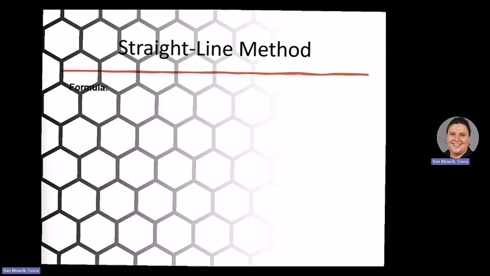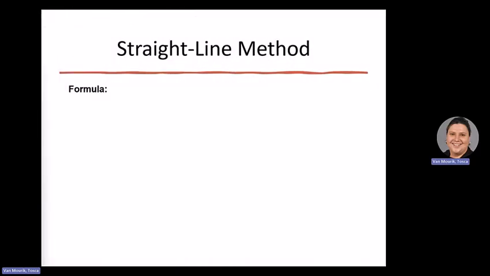Let's go to the first one, the easiest of the two, the straight line method. Basically the straight line method is where the depreciation will be based on the cost price less your residual value. So what is residual value? Residual value is that value that you believe you will have at the end of its useful life. Let's take for example a motor vehicle that you have purchased for 1 million rand.